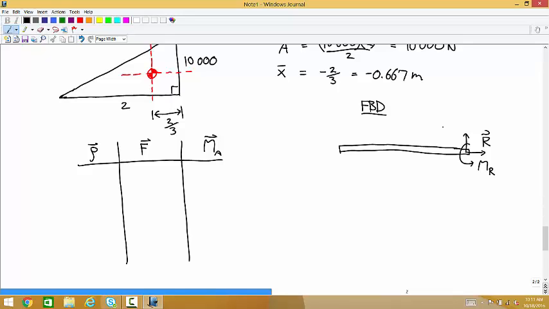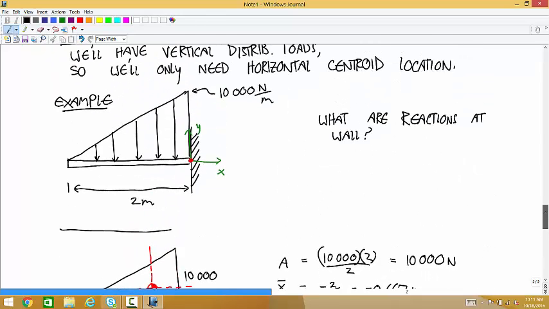And now we know that the distributed load is going to act 1/3 of the way along the length, and it's going to have a magnitude of 10,000 newtons. That 10,000 newtons doesn't come from the 10,000 here. It comes from our calculation of the area.